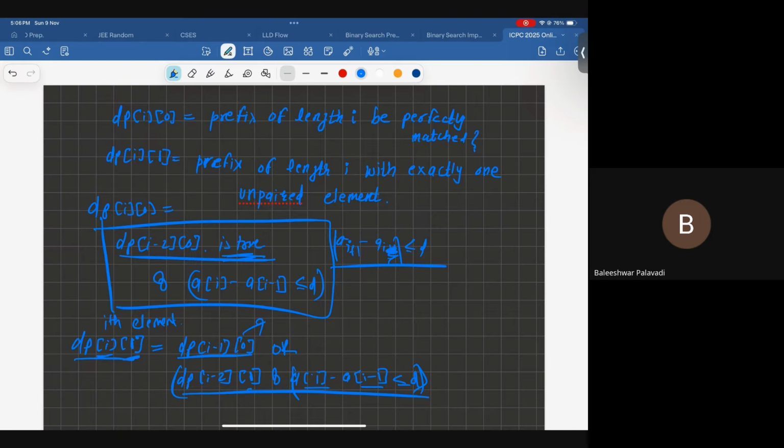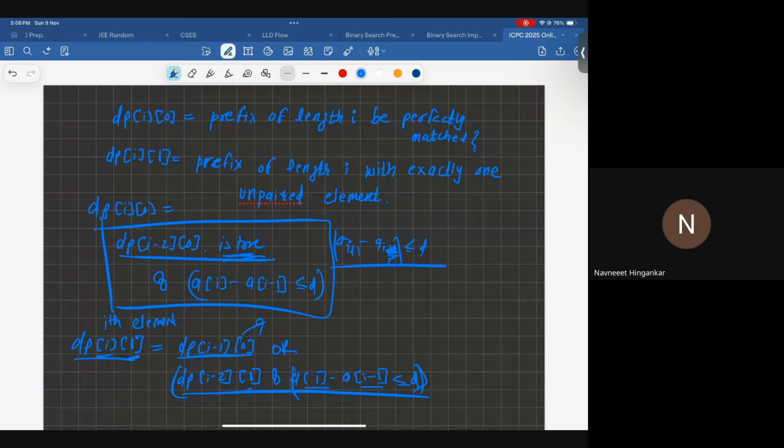Let us suppose we are given some array, and I sort the array initially. The first element is array of i, and we need to pair it with other elements satisfying the condition, like it must be D minus array of i or D plus array of i, according to the given condition.